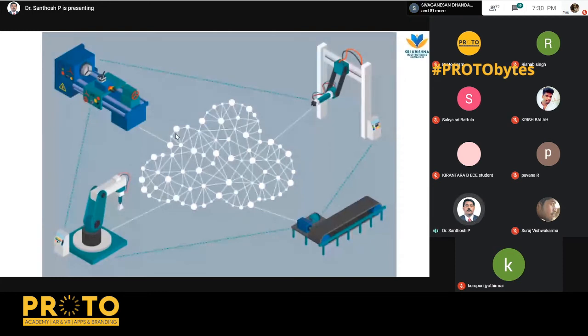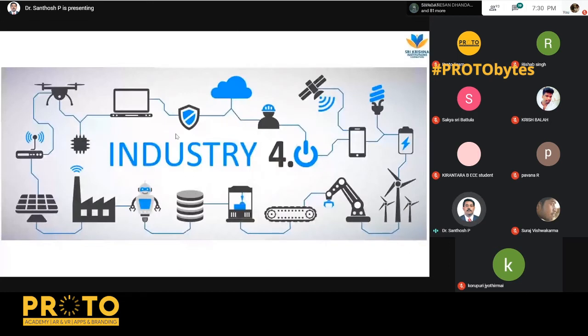And literally, we are coming to Industry 4.0. As I told you, your mobile is everything today. Your mobile is the industry today. Without your mobile phones, there is no industry nowadays. Because manufacturing of a mobile phone is not what I'm speaking about. I'll just show you a slide.